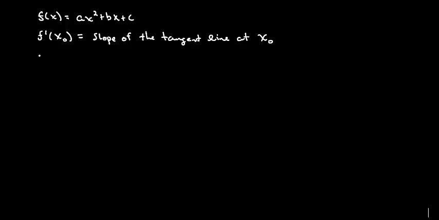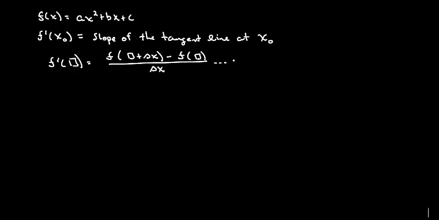So we're going to use our definition of the derivative, our definition of f prime at x0. Well, I'm going to write it like this so that you get used to seeing it. F prime of something is going to be equal to f at that same something plus delta x minus f at that something, all over delta x, with the restriction here that delta x is going to become really small.